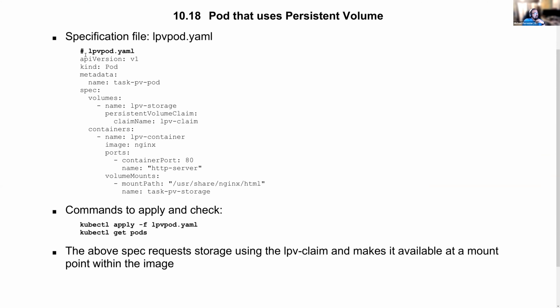Then the pod comes in and says, you know what? Here's what I want. I want some LPV, some storage. Here's my persistent volume claim, LPV claim. That name for that LPV claim matches the claim that we just looked at. And then here's my container. Oh, and by the way, here's my volume mount.